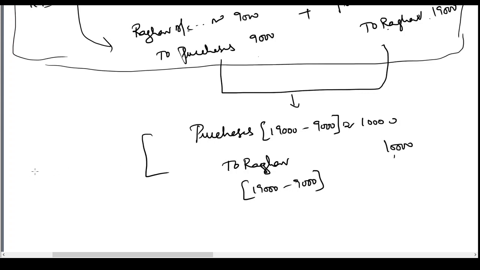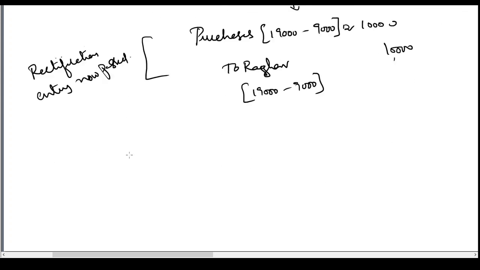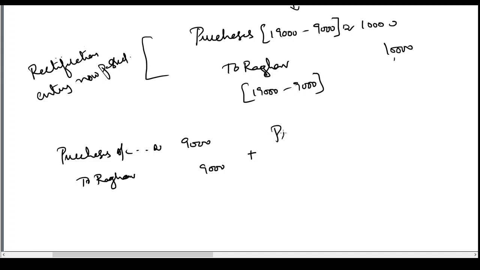So this is the rectification entry I am passing now. So if you observe what is happening now, in our books there was already an entry purchases account debit to Raghav 9,000. This entry was already there in my books. Now I pass this rectification entry.